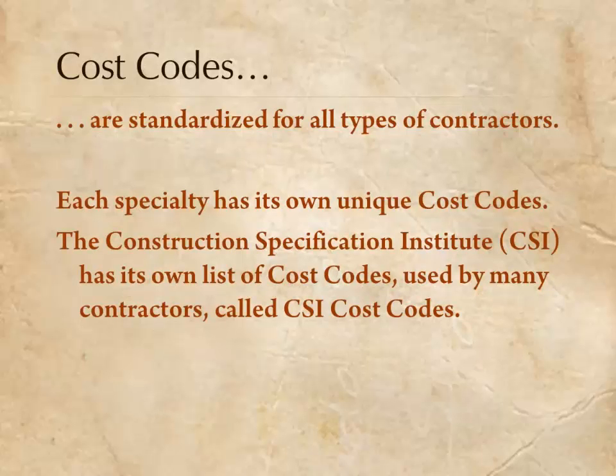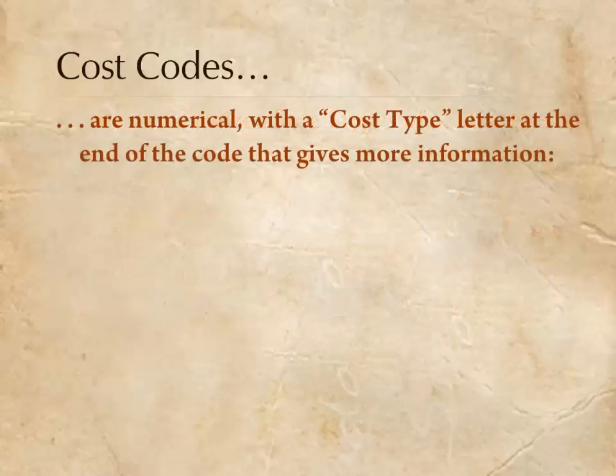Each specialty has its own unique set of cost codes. The Construction Specifications Institute, or CSI, has its own list of cost codes used by many contractors. This is called the CSI Cost Code Dictionary. Cost codes are numerical, with a letter at the end of the code that tells a little bit more information.